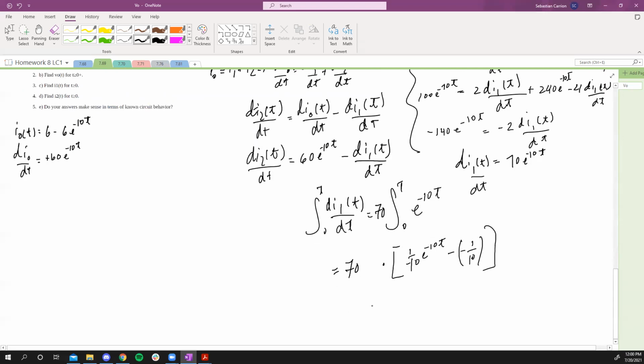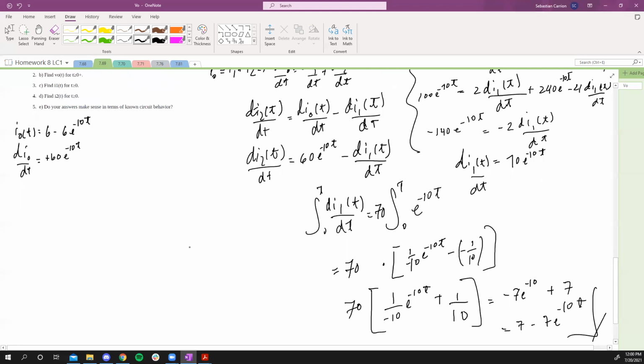So then that would be 7 minus 7 e to the negative 10t. That would be our function for I1 of t.